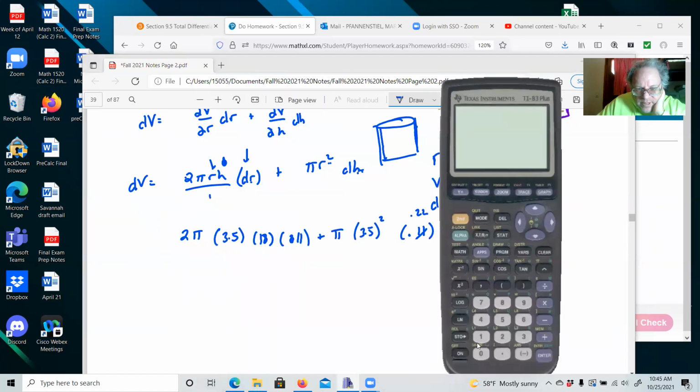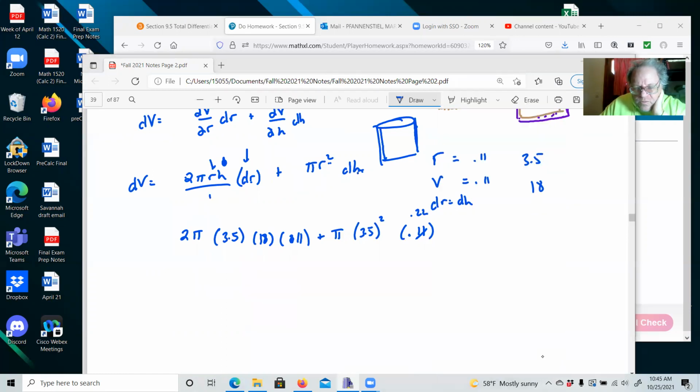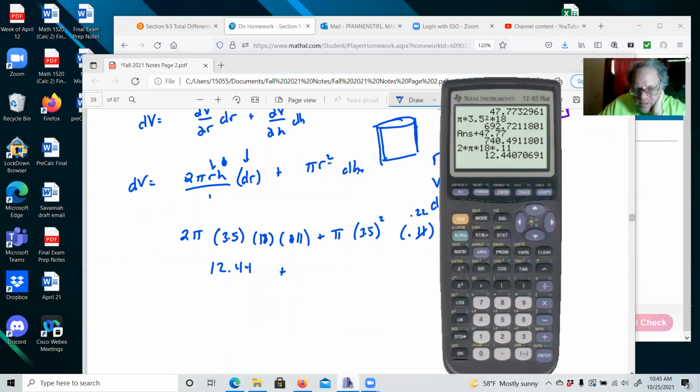Let's see here. All right. So we have 2 times pi times 18 times 0.11 equals 12.44, plus pi times 3.5 squared.